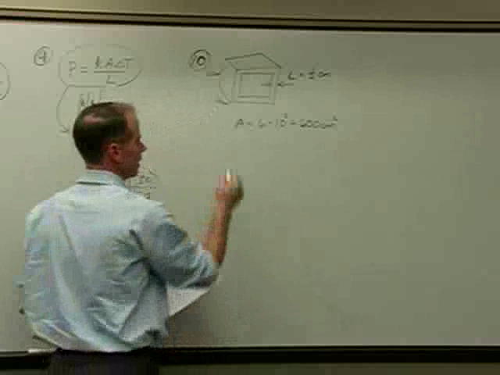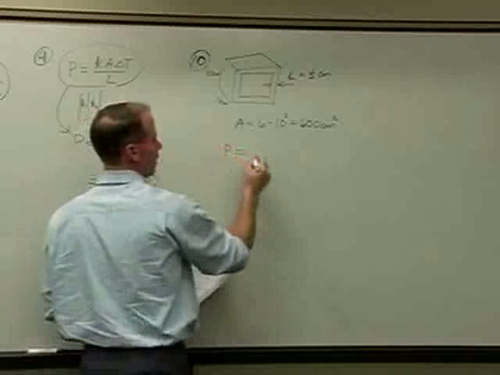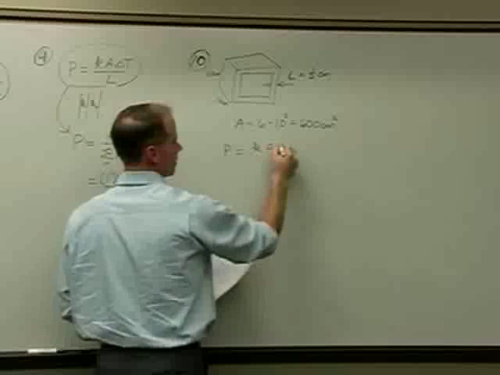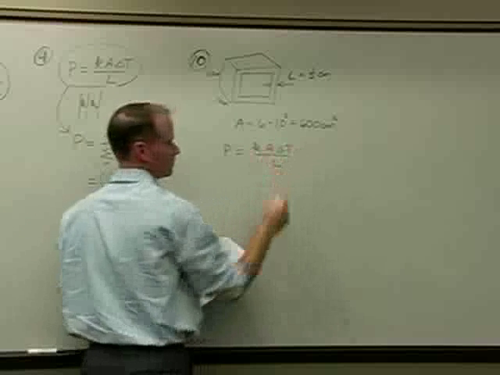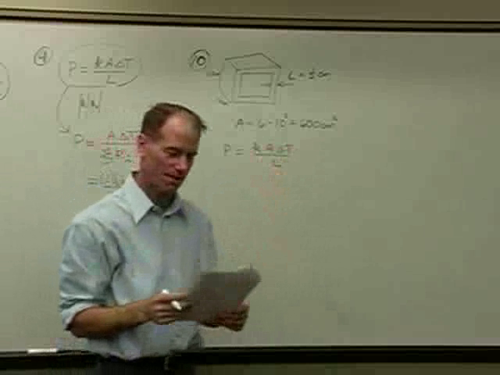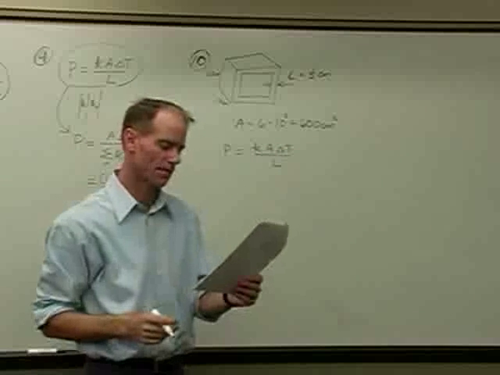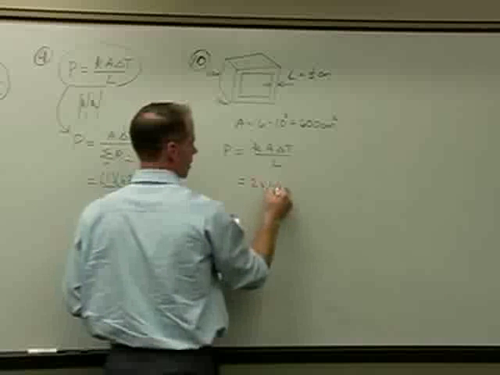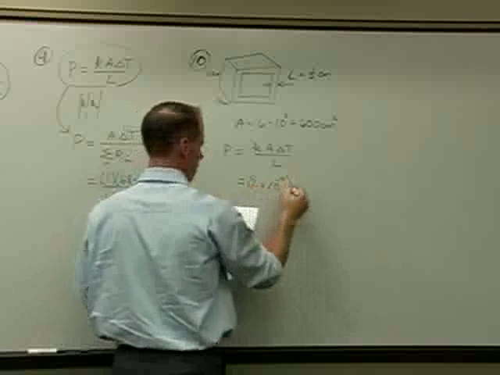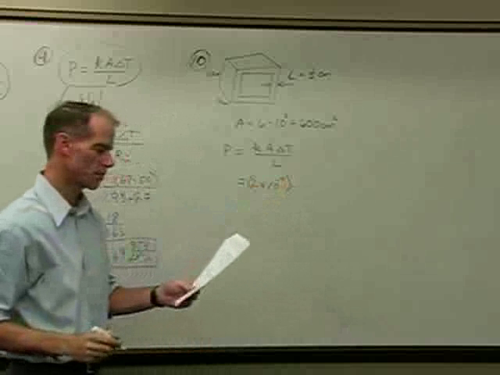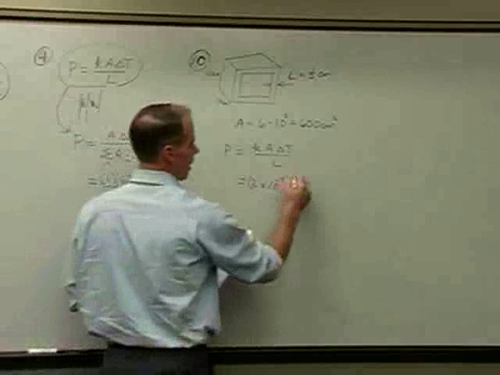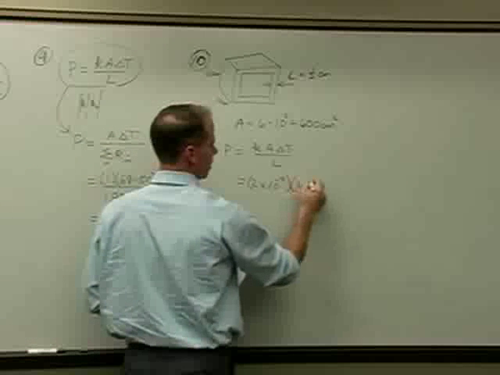So now we would say that the rate of heat transfer, which is kAΔT over L, will be the thermal conductivity of the cup, which is 2 times 10 to the minus 4, in terms of calories per second per centimeter per degree Celsius, multiply that by our area in centimeters squared.